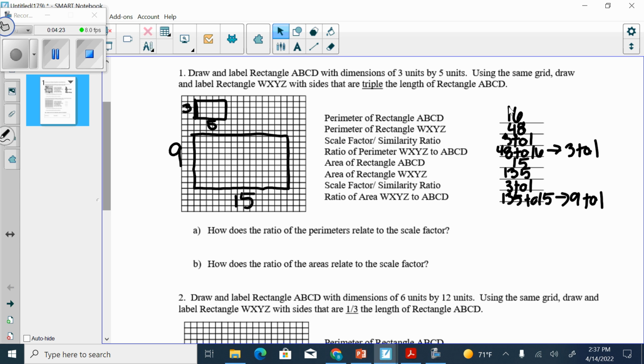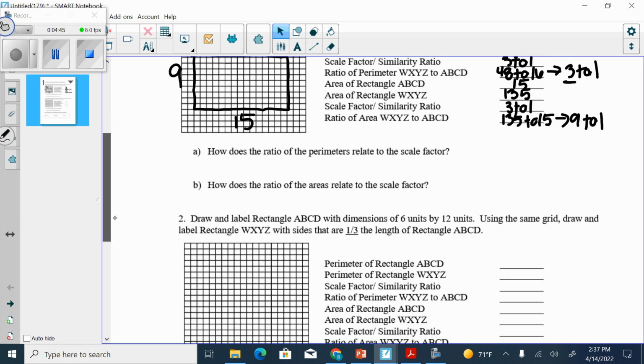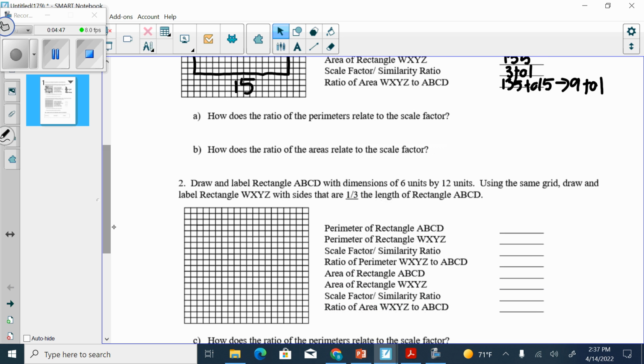Okay. That makes sense because area is measured in square units, while perimeter is measured in just our regular units, right? So if I was to square our change, that would make sense, right? Okay, so they said, how does the ratio of the perimeters relate to the scale factor? So our ratio of the perimeters and our scale factor, what were they? 3 to 1. So they were the same.